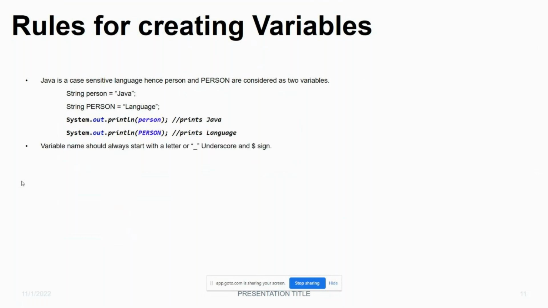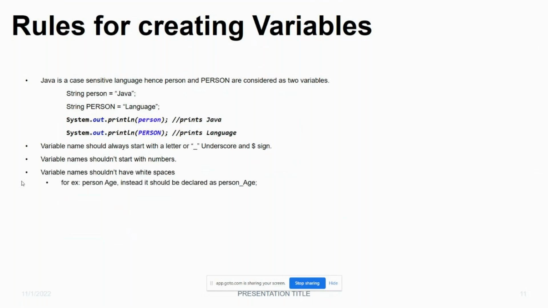Okay, and a variable name should always start with a letter, an underscore, or a dollar sign, and not any other symbols. You should also note that a variable should never start with a number. In the previous example, I was talking about age.